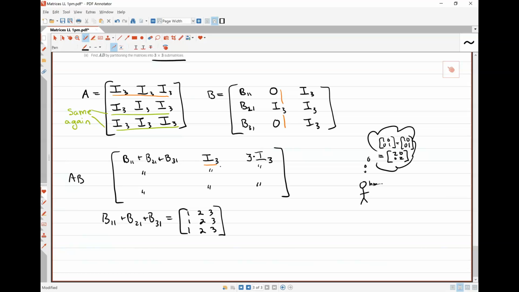And I3, we know what that is. And 3 times I3, we also know what that is. So what we end up with is the following, right? We have 1, 2, 3, 1, 2, 3, 1, 2, 3. We have that 3 times.